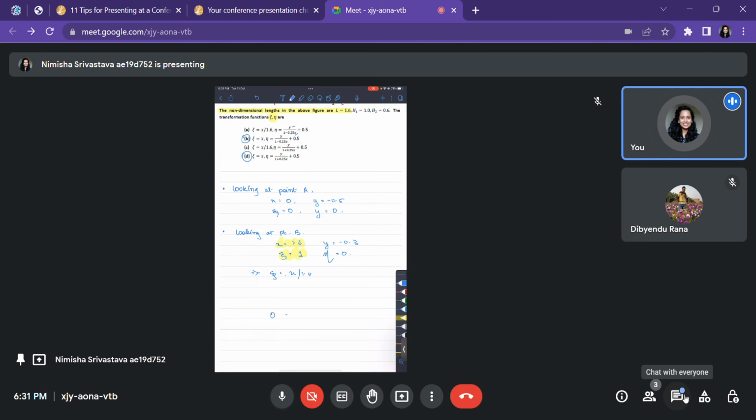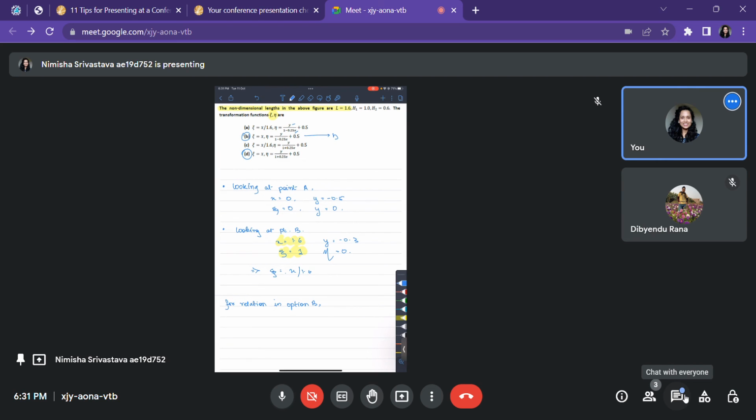So 0 is equal to, we're looking at relation B first. For the relation in option B, where is my eta? Eta is 0. y over here is minus 0.3. Okay, understood. 1 minus 0.25 into x.